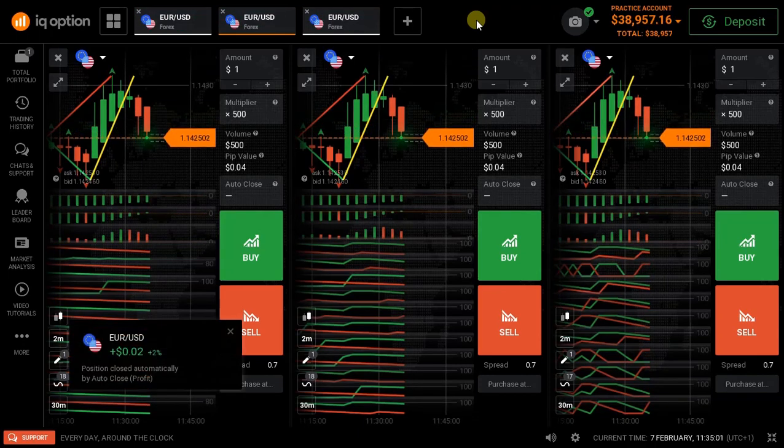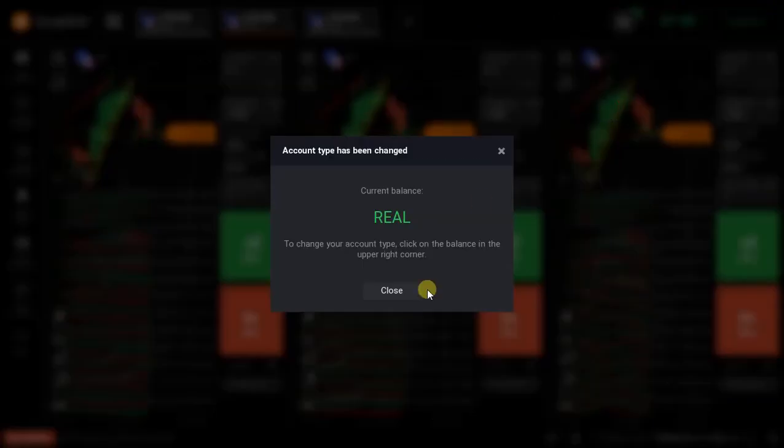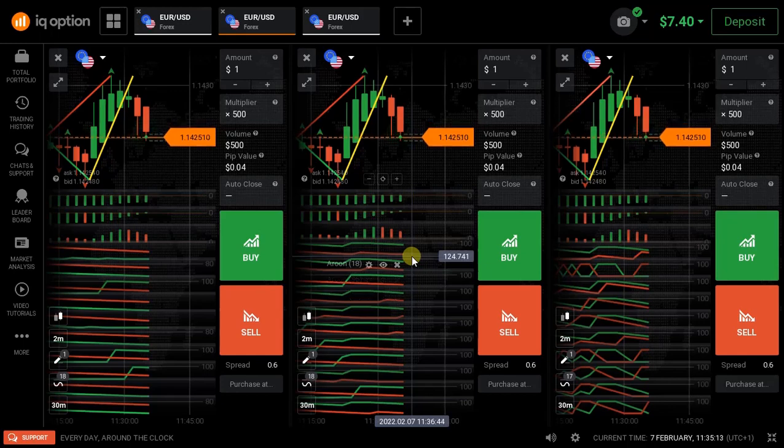So as you can see, that trade has closed in 2%. This is the kind of system that I'm trying to build these days. It's a simple system that will give you around 10% per day. You don't have to work for the whole day.